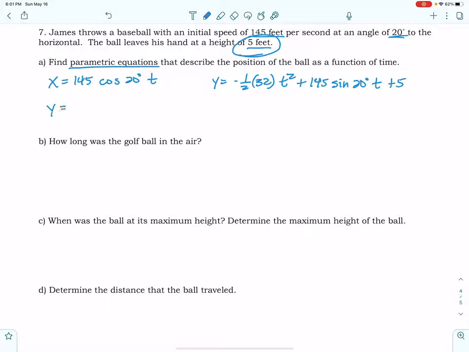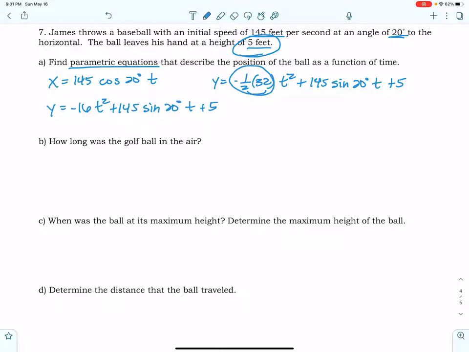So my other equation, I'm going to tidy this up right here. It's negative 16. Okay, perfect. All right, so now we're going to answer the same questions we did in the other problem.